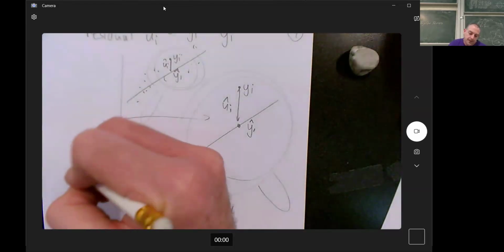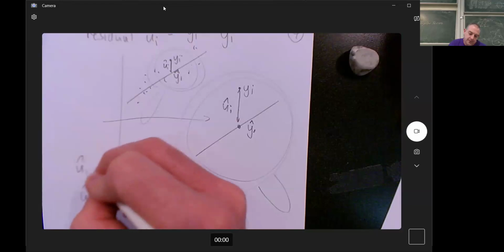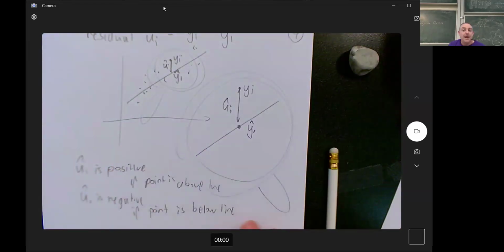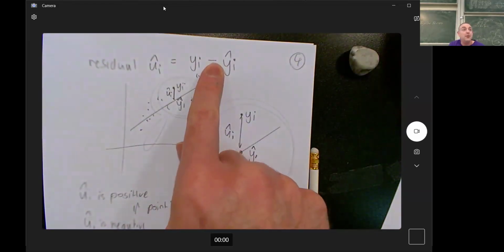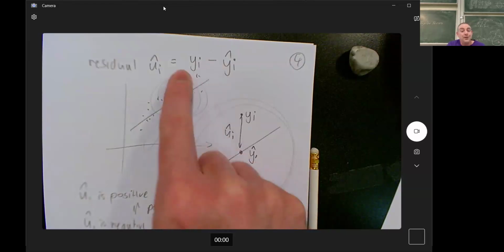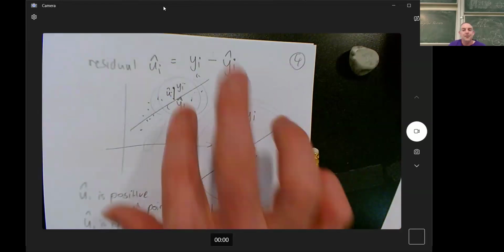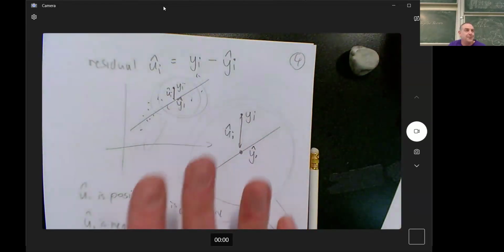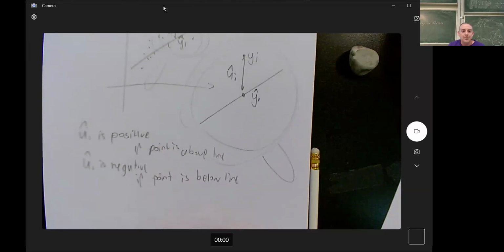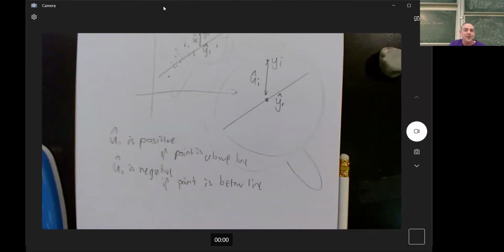That's ui hat. And that's how I know why the subtraction is this way around, so that if this is higher than this, it comes out to a positive number. Because it could be the other way, but it's this way. Positive is above and negative is below, and that makes sense.